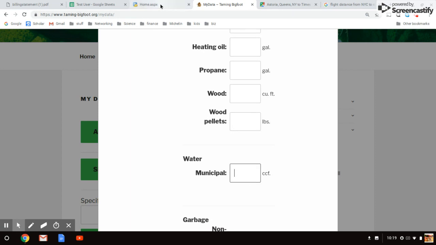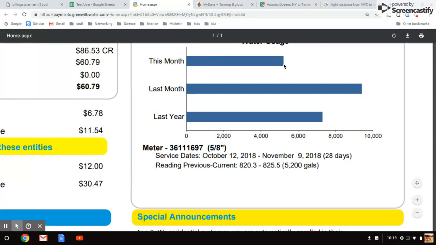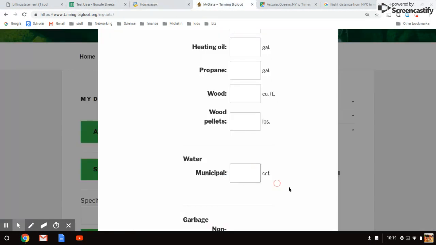Water. Okay, this month, test user has 5,000 gallons of water. Now this is a little tricky. This is CCF, hundreds of cubic feet. Let's see. So it's about 7 gallons per cubic foot. So it's about 700 gallons per 100 cubic feet.